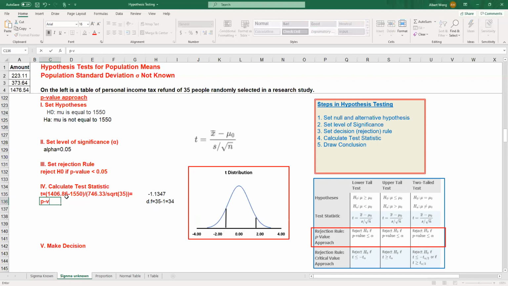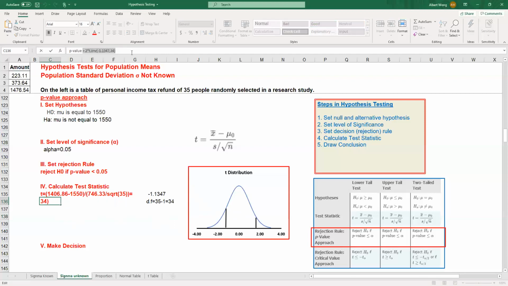So the p-value is equal to 2 times T.DIST, negative 1.1347, and the degree of freedom is 34. Okay, so the reason why we don't have to do 1 minus is because we are looking for this area. This area is exactly what the function gives us, so we don't have to do 1 minus. So by drawing the picture, you can actually see what it is that you're trying to compute.